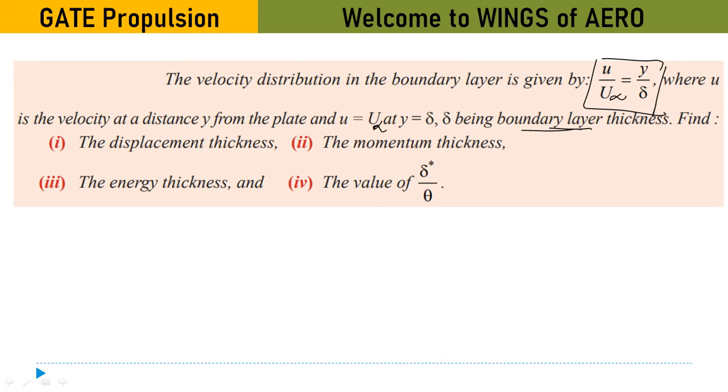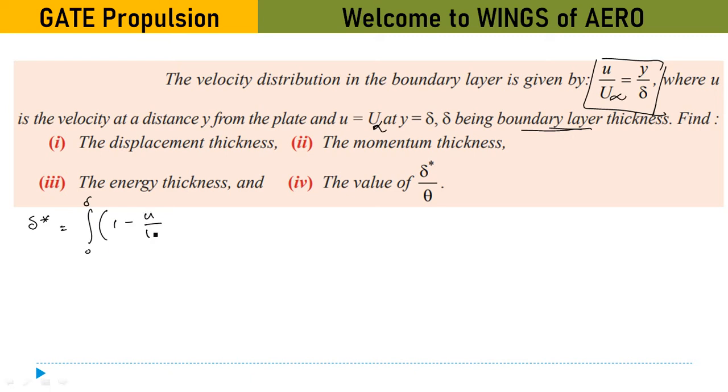In this question they have given the function for u by u infinity, so you just substitute that value. So integral 0 to del of 1 minus y by del dy.